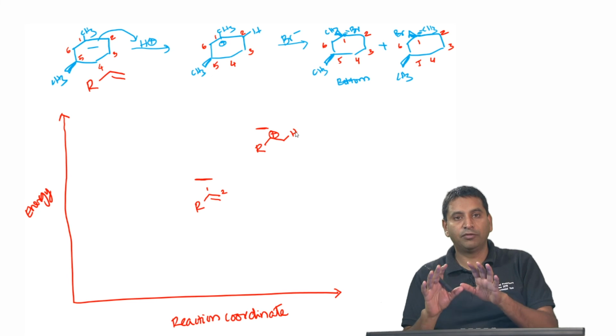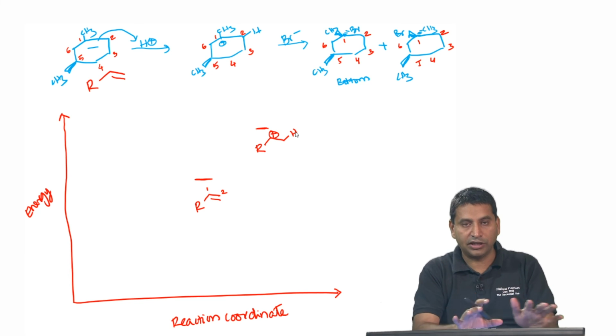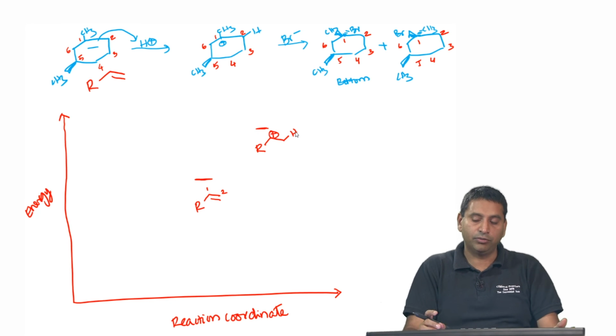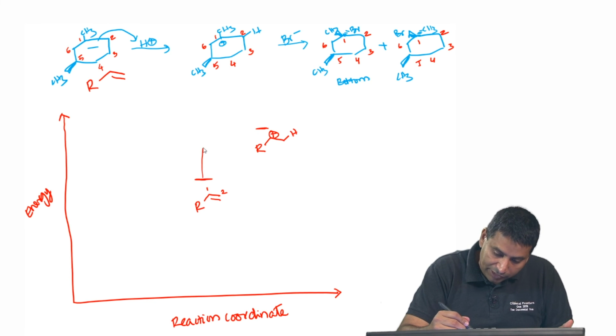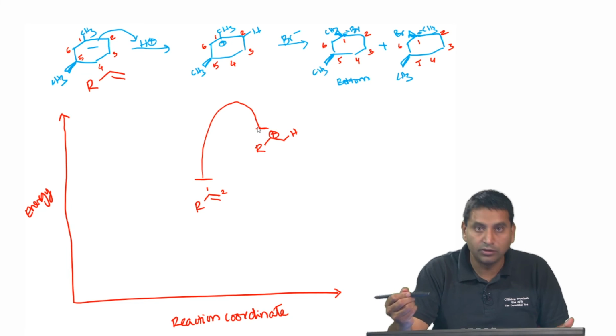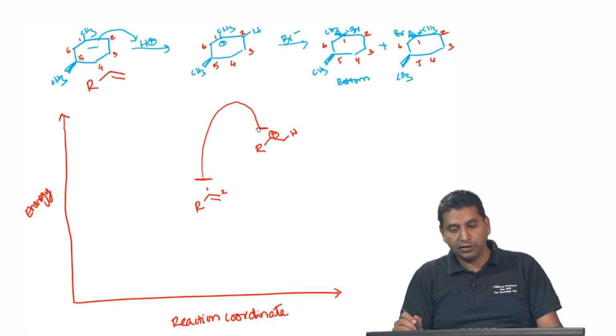Remember, I am just doing this for simplicity's sake. In the actual reaction energy diagram, you would have the cyclohexane and all the substituents involved in it. Okay. So, I would expect that the barrier to this would be higher than the energy for the carbocation. And now, the next step is the attack by Br minus, and let us assume that the attack of Br minus happens from the bottom face.